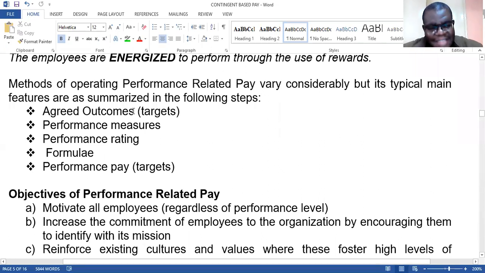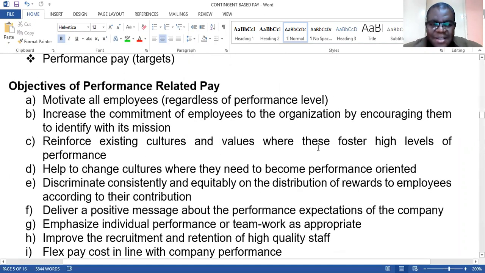So the agreed targets, the performance measures that are in place, the actual results that would have been realized, the formula to be used in computing the rewards must all be clarified when you are introducing a performance-related pay scheme. So that aspect of rewarding based on performance comes within the broad framework of performance management.